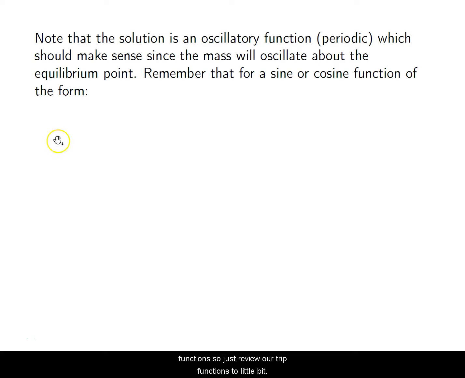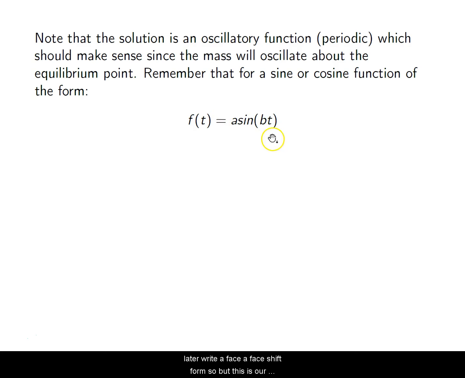Okay, so just review our trig functions a little bit. Remember that trig functions look like this: A sine of some constant B times t, sometimes added to another angle here, which we would call phi, which we'll talk about later, right? A phase shift form.